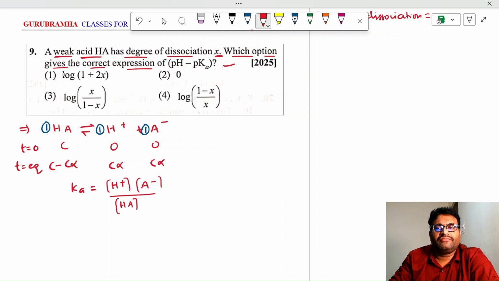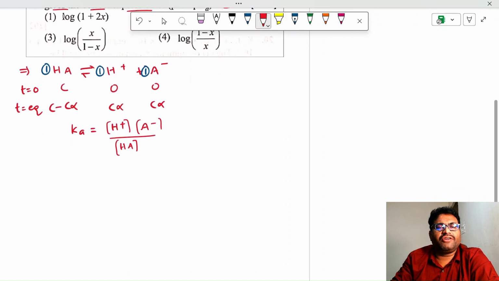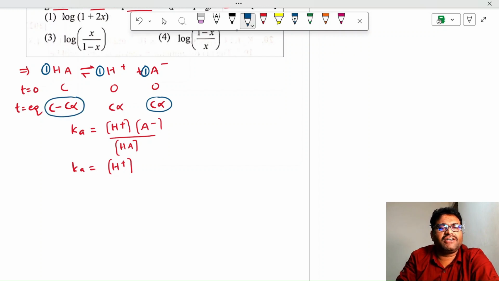At equilibrium, A minus is C alpha and HA is C minus C alpha.